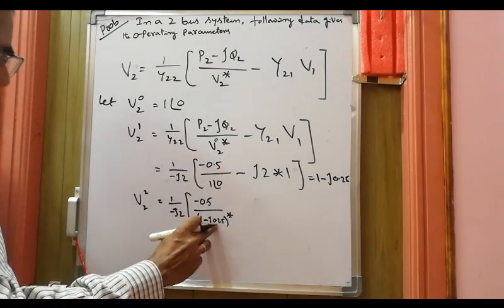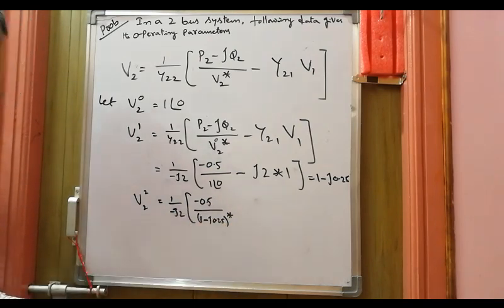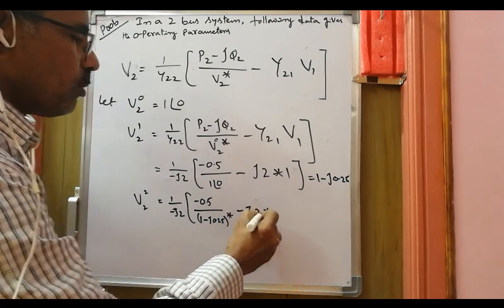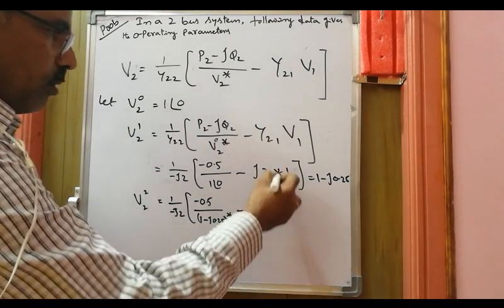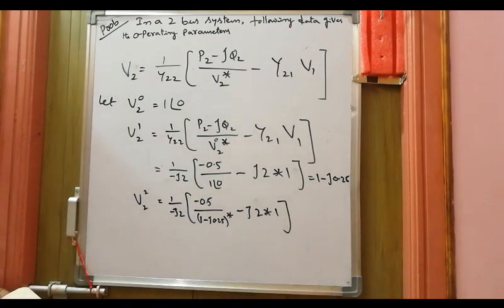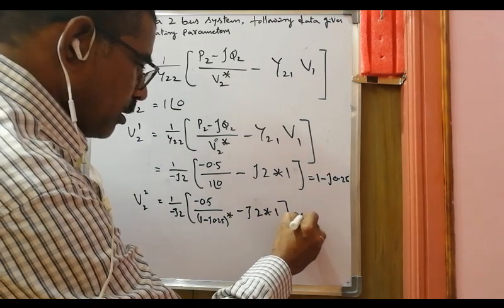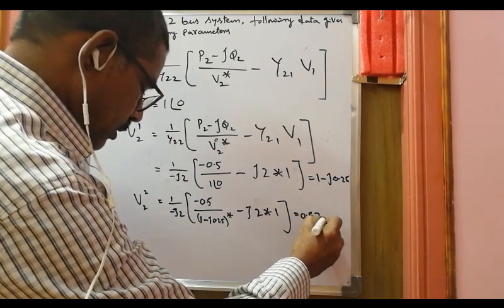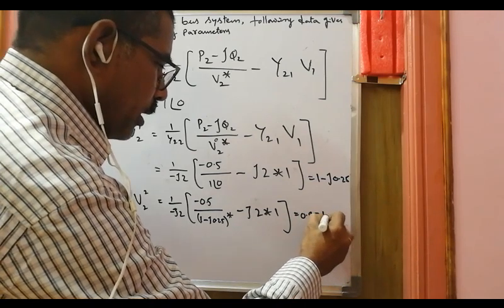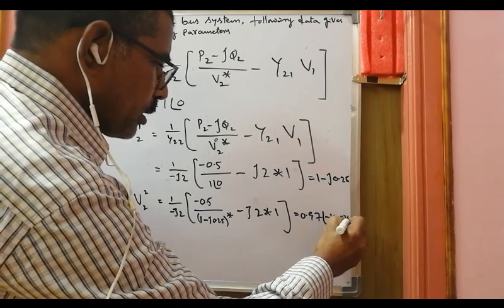Now 1 minus J0.25 conjugate becomes 1 plus J0.25. Then minus J2 into V1, which is 1. And this gives 0.97 angle minus 14.036.